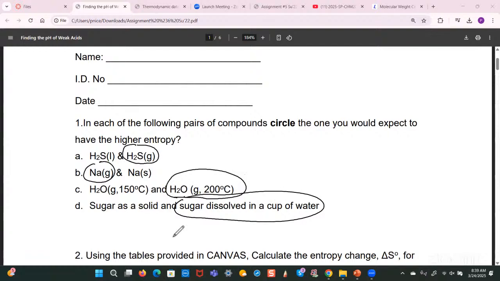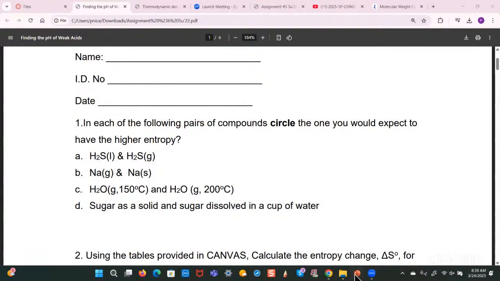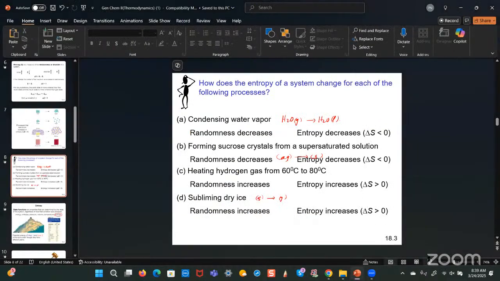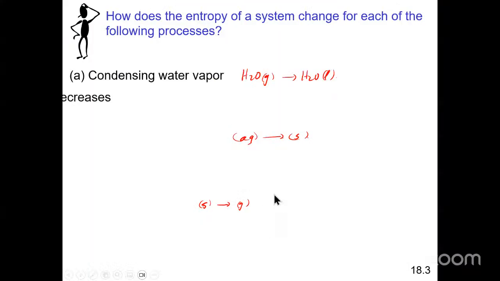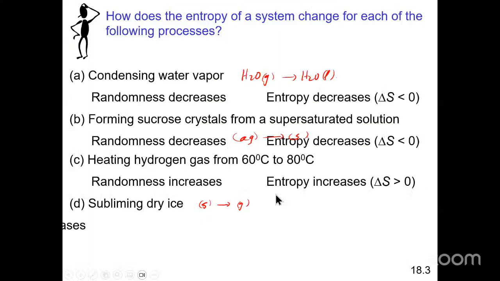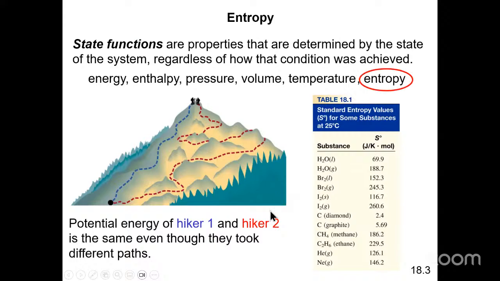Okay, let me clear this and go back to the PowerPoint. So entropy, as I said before, can be measured, and I showed you the tables. This is just a small sample of different substances and their entropy values.